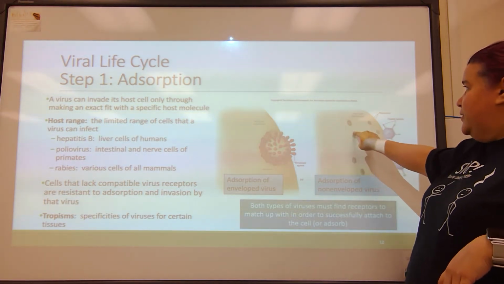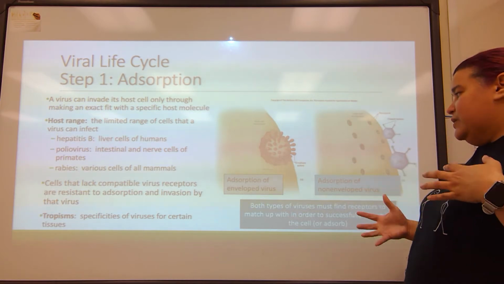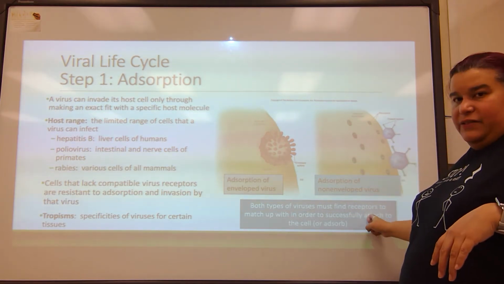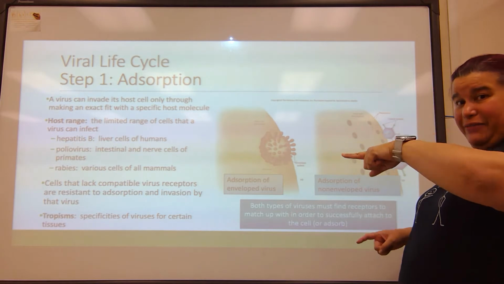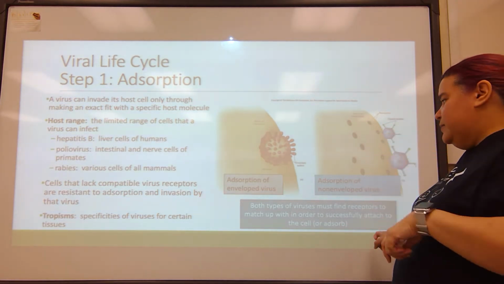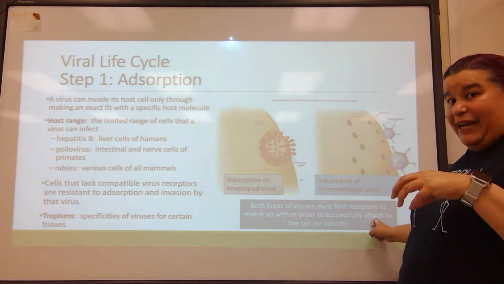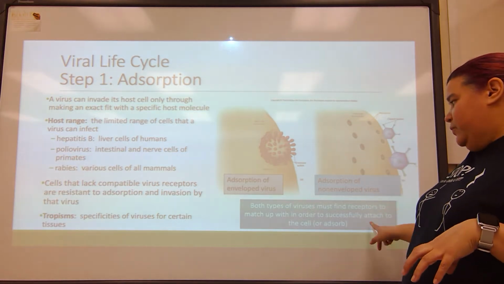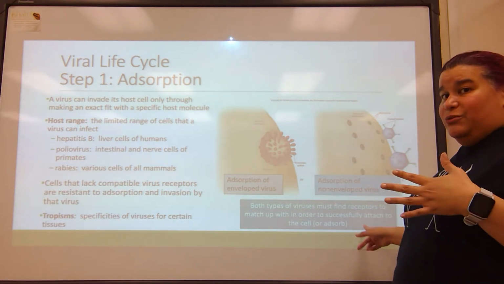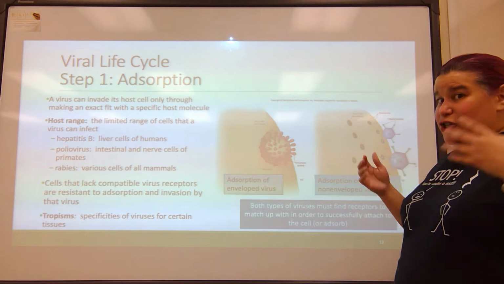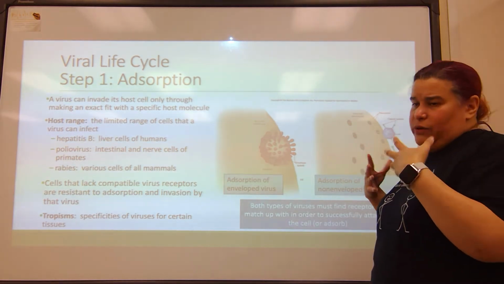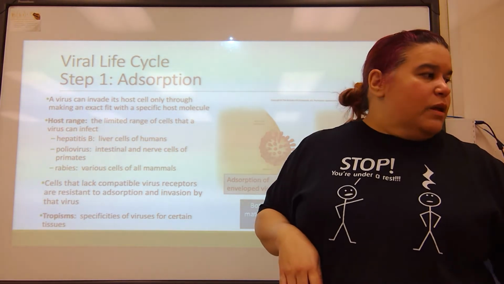They still have to match the receptors on the host cell. Both of these viruses, regardless of whether they are enveloped or not enveloped, have to have matching receptors to their spike proteins. If they don't, they won't successfully attach. They can't get adsorbed. Okay?